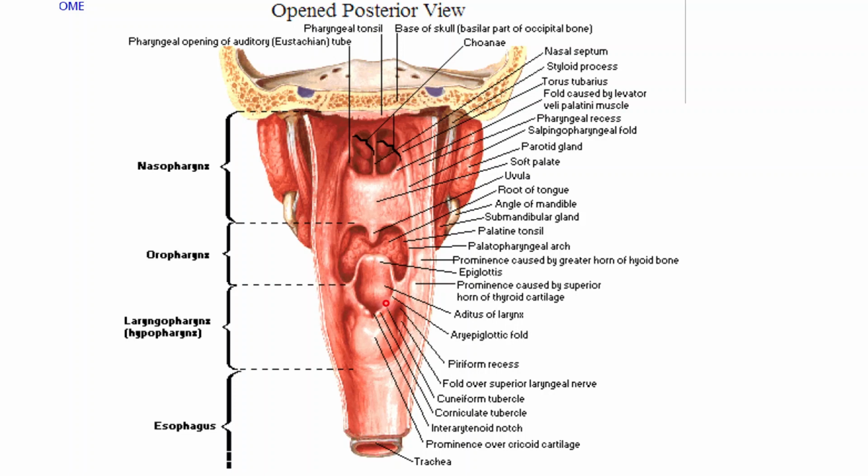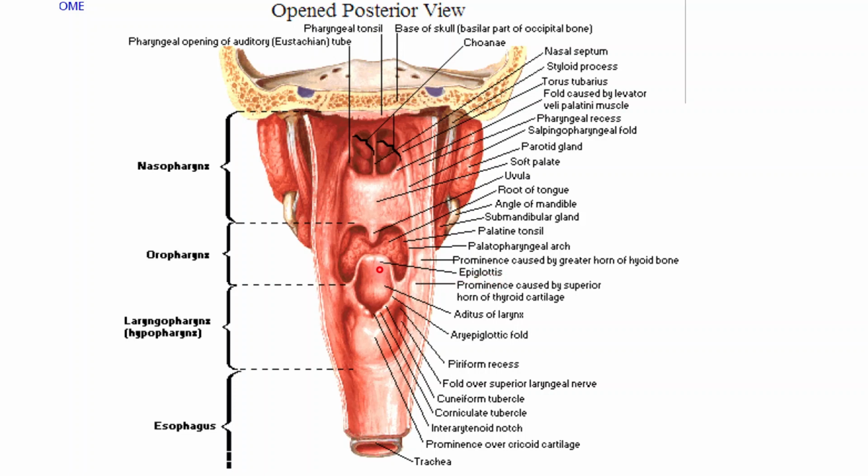The inlet of the larynx, or the laryngeal inlet, is bounded anteriorly by the upper half of the epiglottis, which is one of the unpaired cartilages of the larynx.